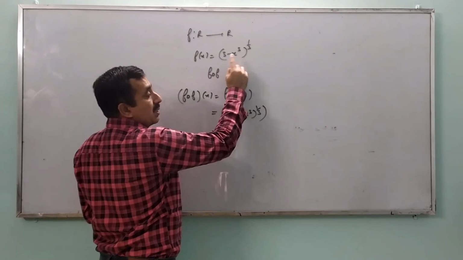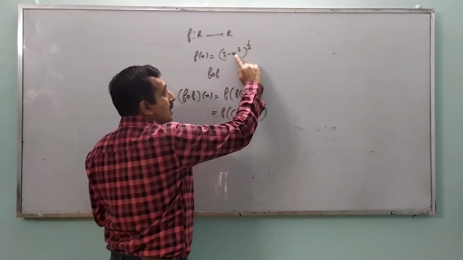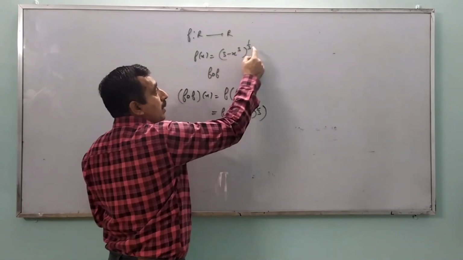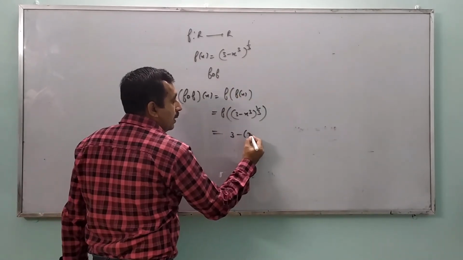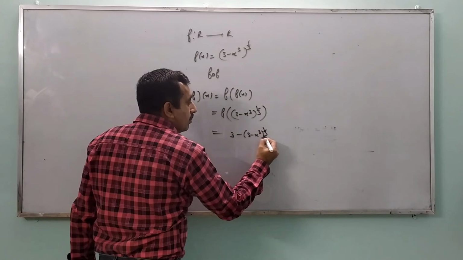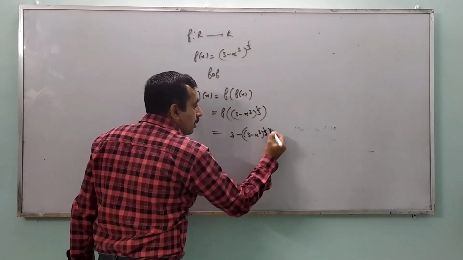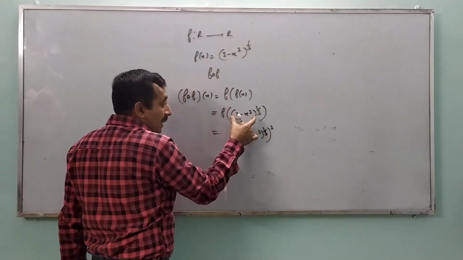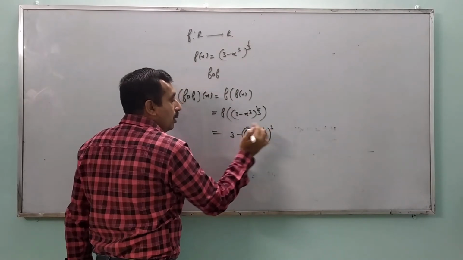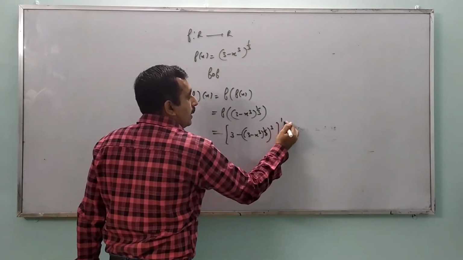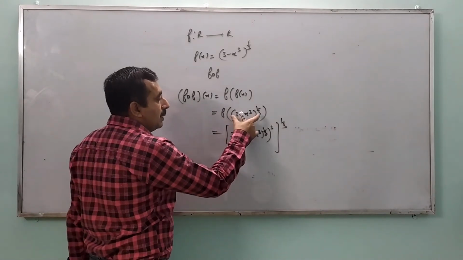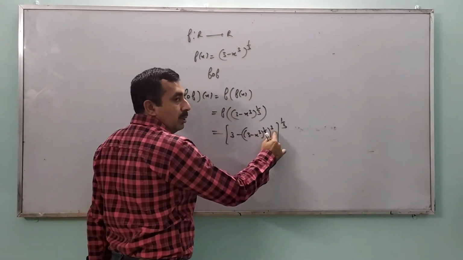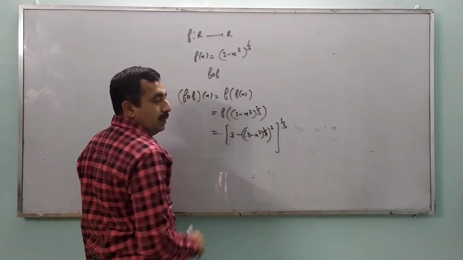Now read this, it is 3 minus x cubed whole power 1 by 3. So again I will write 3 minus this term cubed, whole power 1 by 3.